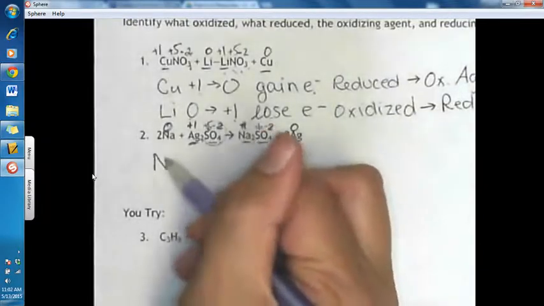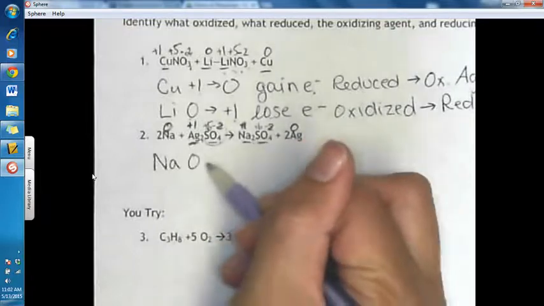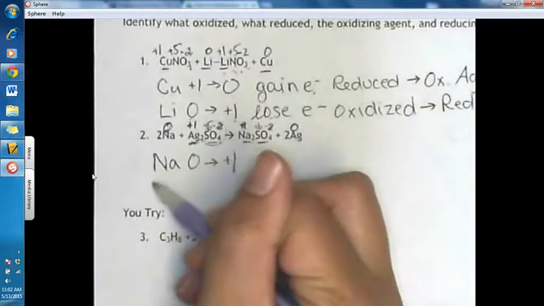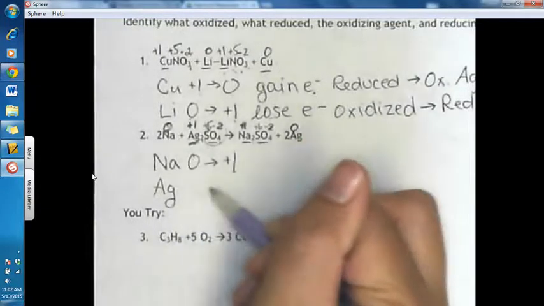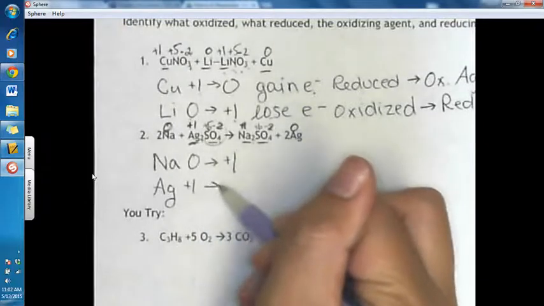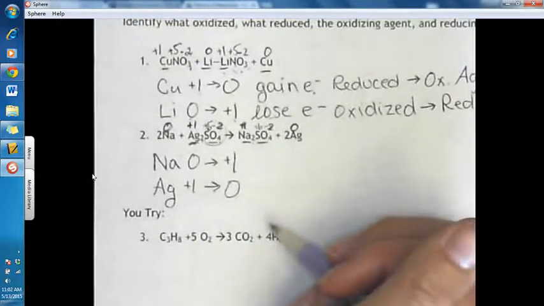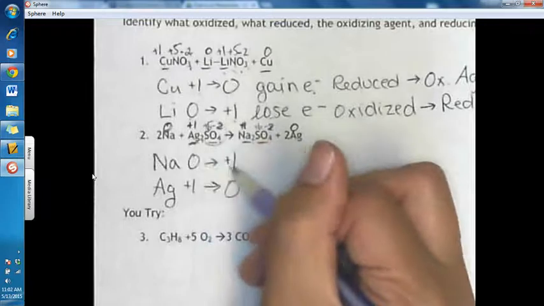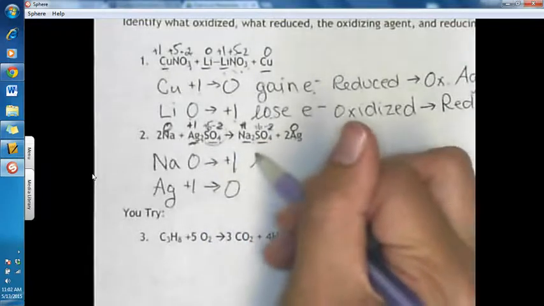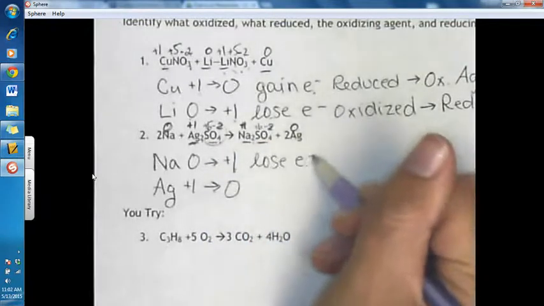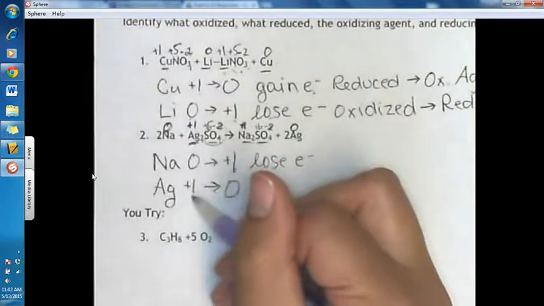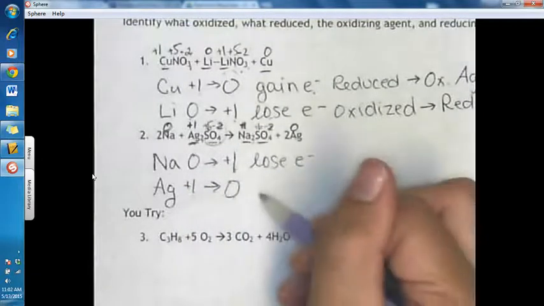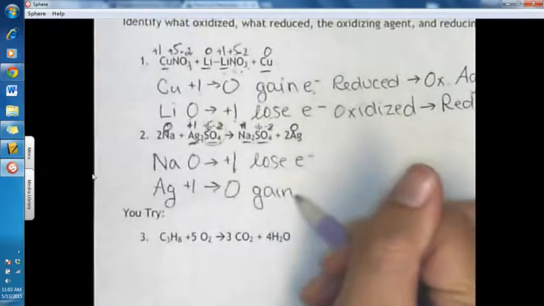So sodium is going from 0 to +1. Silver is going from +1 to 0. Sodium becomes more positive. It's losing electrons. Silver is becoming more negative. It's gaining electrons.